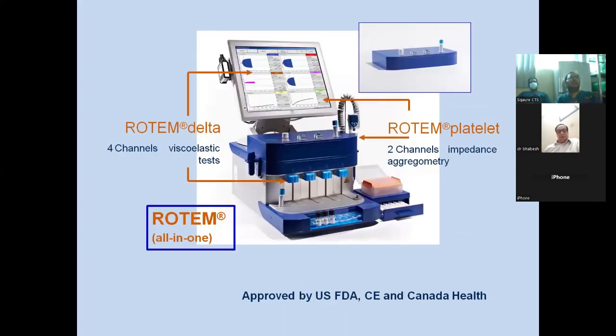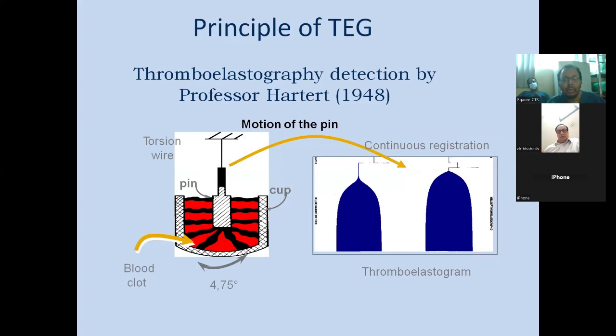This is the machine, we call it ROTEM Delta. This machine looks like a kind of desktop computer, so it's quite portable, and it's a point-of-care machine. At first, we'd like to know about the principles of thromboelastography.